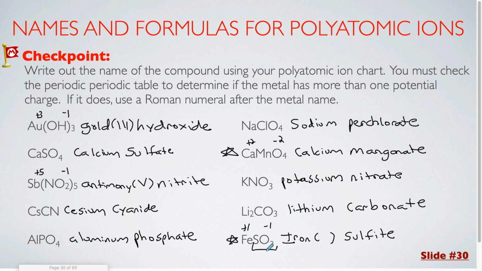Sulfite is never a -1 charge. It's always a -2. That means that this must have been reduced at some point. And if I have to double this charge in order to get it to where it's supposed to be, that means I have to double the other side too. So instead of being +1 -1, it's actually +2 -2, meaning that this is iron 2 sulfite.